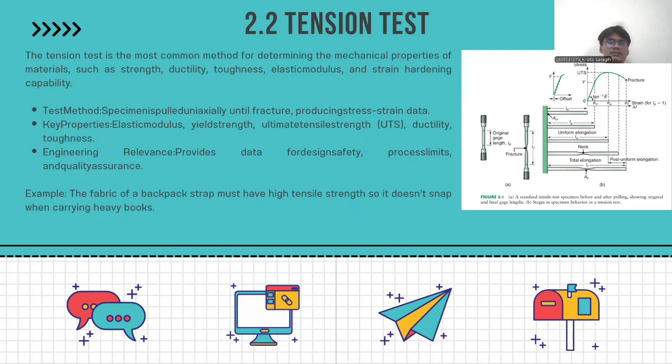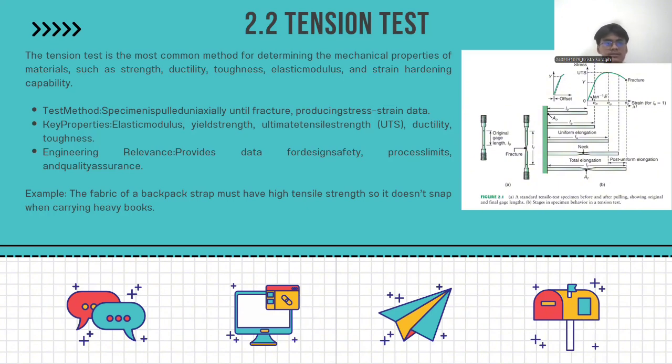The tension test. The tension test is the most common method for determining the mechanical properties of material such as strength, ductility, toughness, elastic modulus, and strain hardening capability.